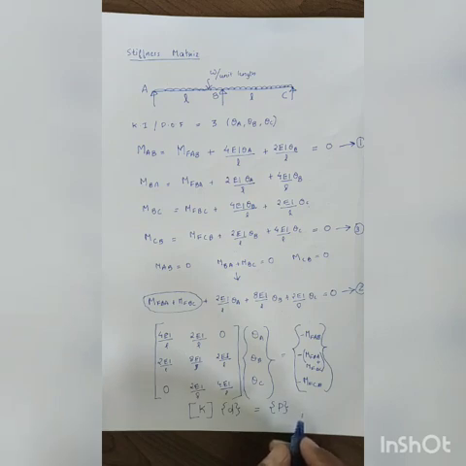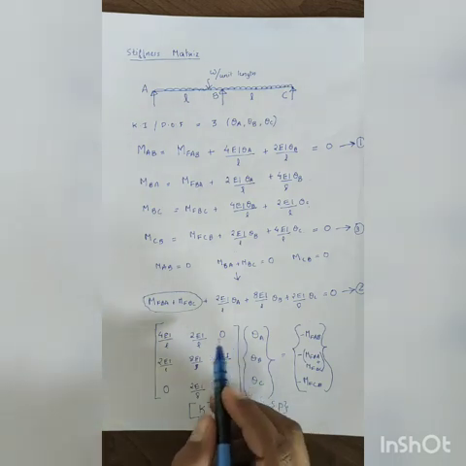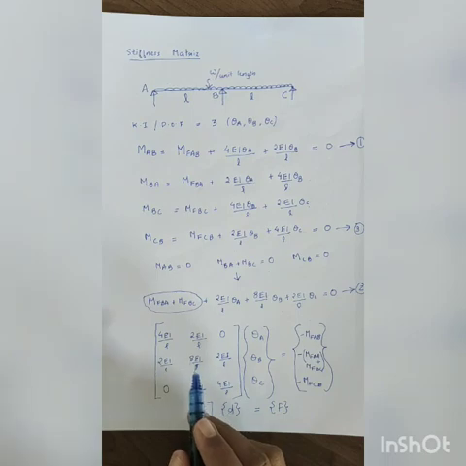So I have introduced three terms to you, that is K, D and P. K is the stiffness matrix for the structure, D is the unknown displacement vector, and P is the equivalent joint load vector.